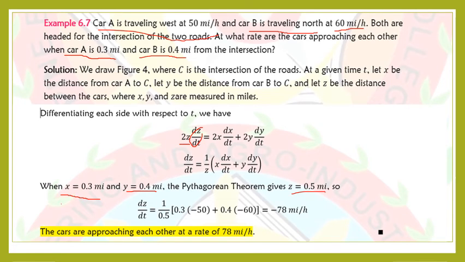So, substitute natin dito sa function na construct natin. So, dz over dt is equal to negative 78 miles per hour. So, the cars are approaching each other at a rate of 78 miles per hour.